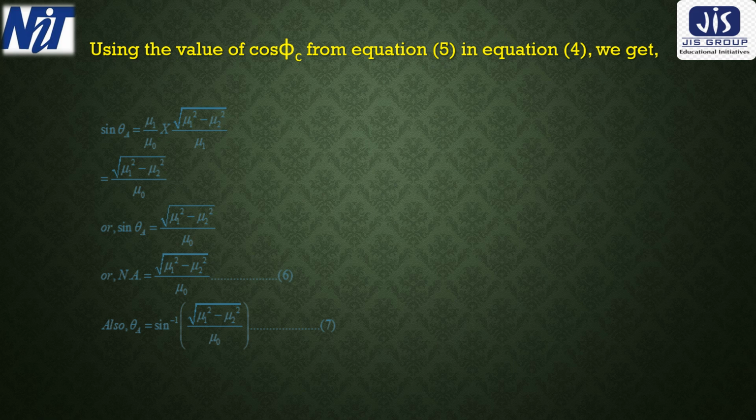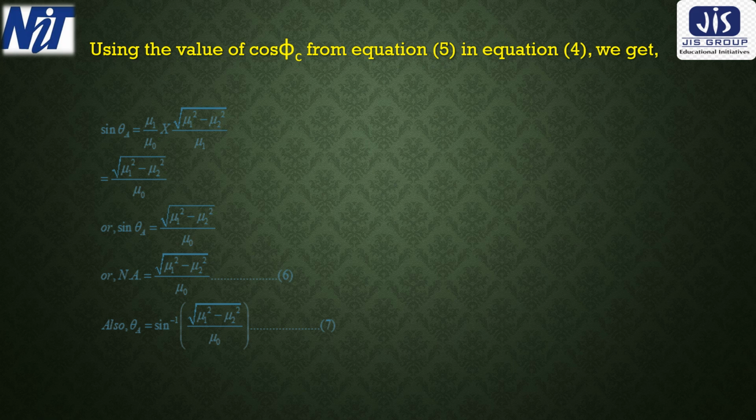Now we can also find out the value of the acceptance angle. The acceptance angle was what? The angle of incidence for which the light falling on the optical fiber gets totally internally reflected multiple times and reaches the receiver end without any distortion, without any attenuation.